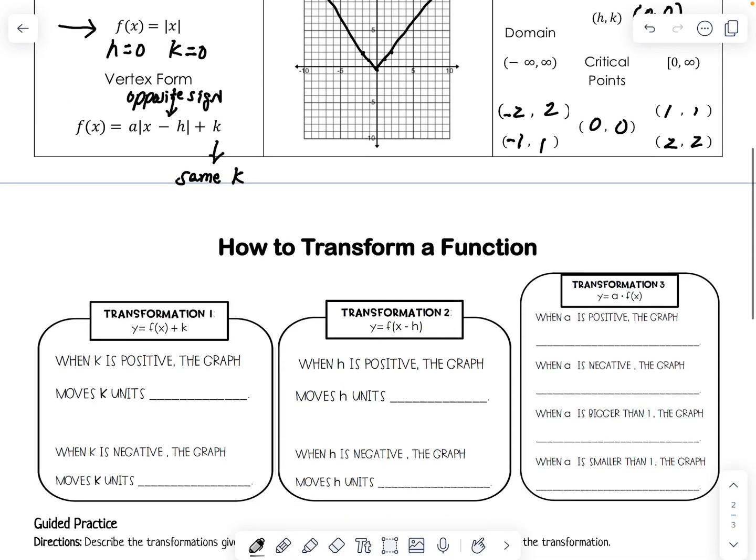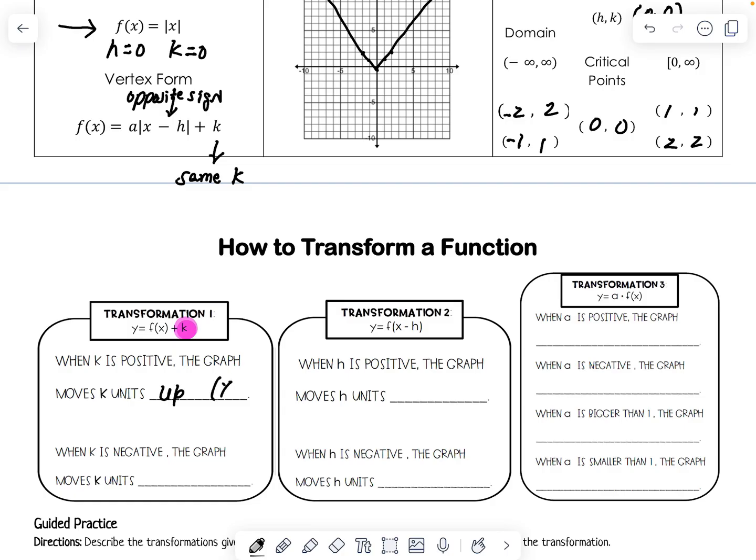So transformation 1 is when you have added a k. Okay? So what does the k do? Well, if you have a positive k, then it's going to move the graph up.